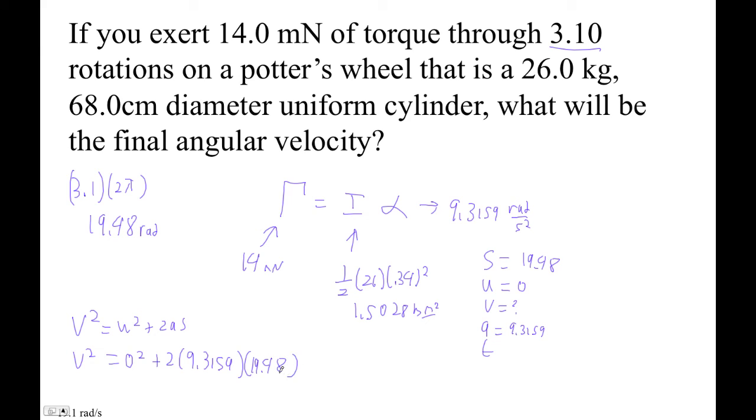All right, so I'm going to go square root of 2 times that guy, the 9 point whatever, times 19.477. And I get exactly the same thing, 19.05 radians per second.